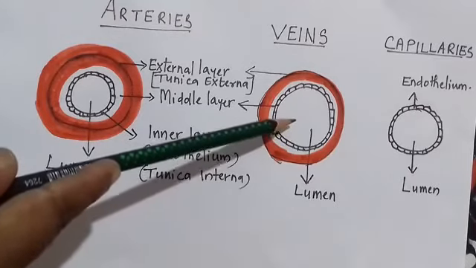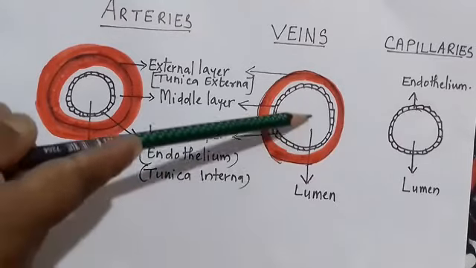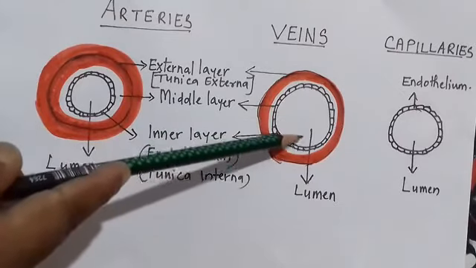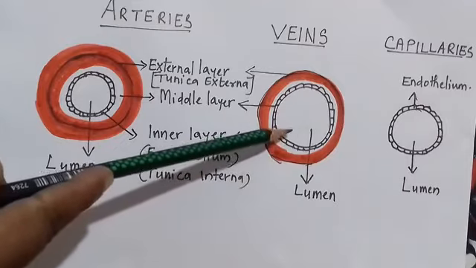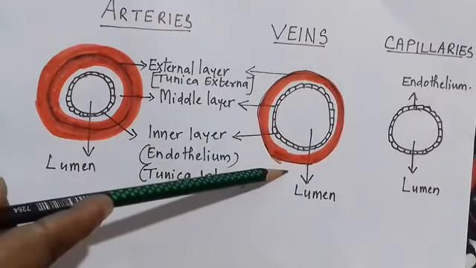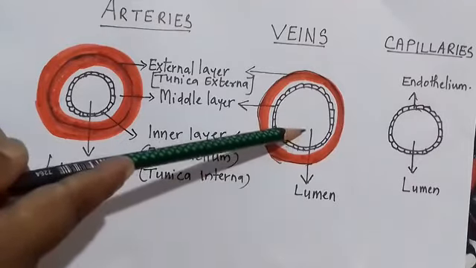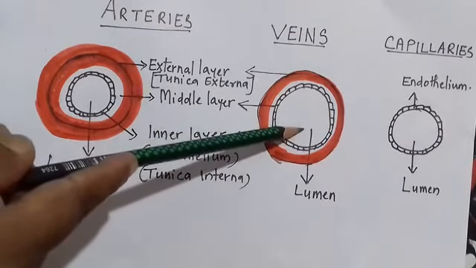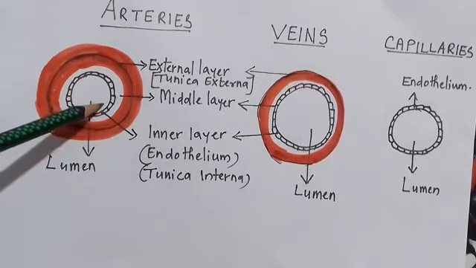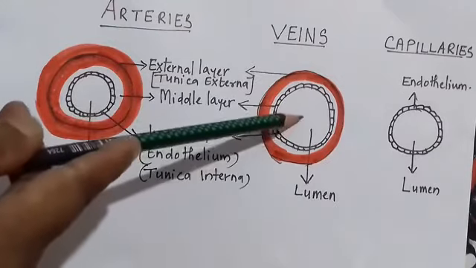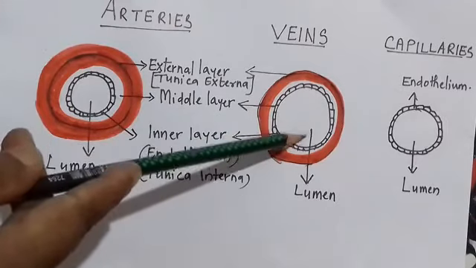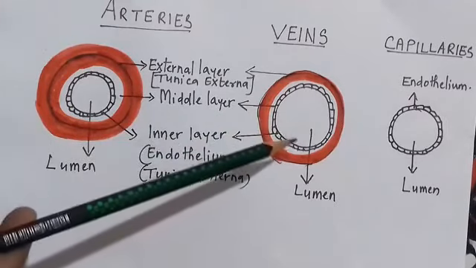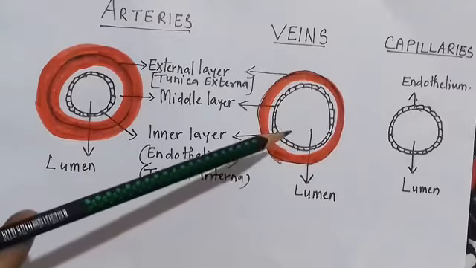To prevent backflow. In veins, blood is moving uniformly, not with much pressure, so there is a chance of backflow of blood. That is prevented by means of these pocket shaped valves. So valves are present in veins but absent in arteries. Moreover, more deoxygenated blood is moving through the vein. So that is all about these different types of blood vessels.